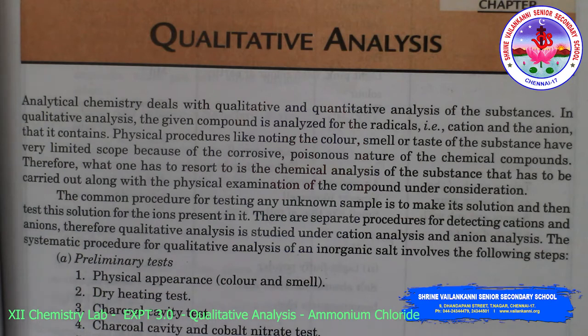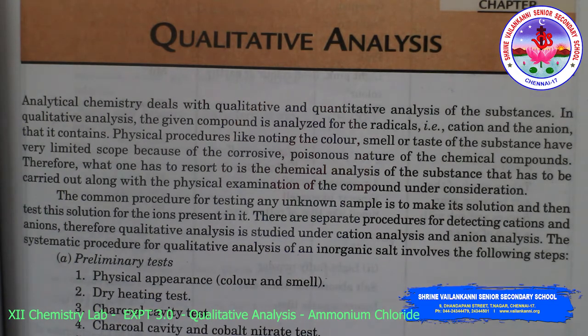For example, in hydrochloric acid, HCl, the chloride ion is the anion. In sulfuric acid, sulfate is an anion. Similarly, the basic radical is a part of a base and is metallic in nature, and it is positively charged.